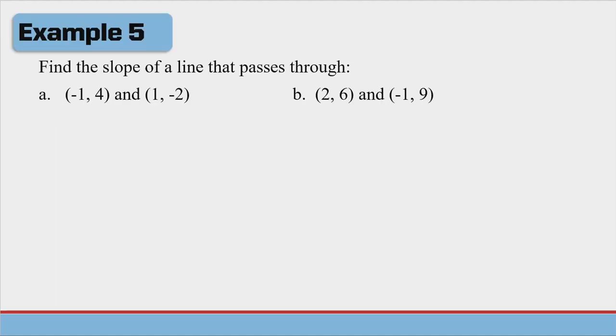So finding the slope of a line going through these points, okay? And it's helpful to just label out your points. So it's helpful to just say, okay, this is point 1, this is point 2, okay? And I know I need to subtract them. So y value number 2 minus y value number 1, right? Don't forget, it's always x comma y.